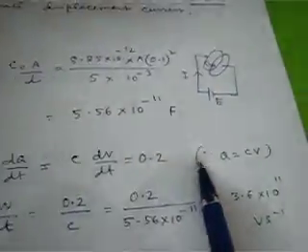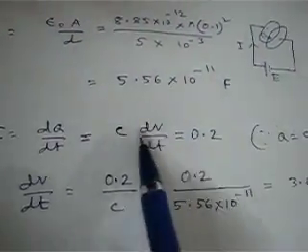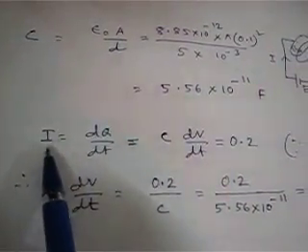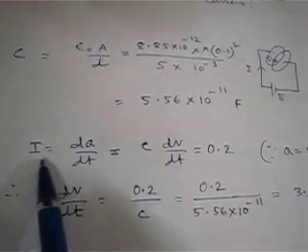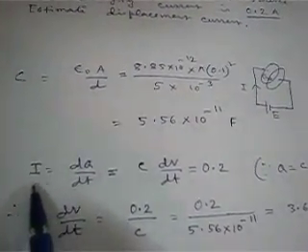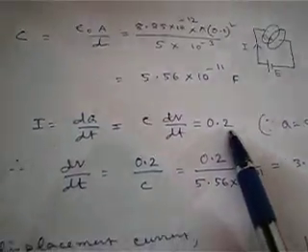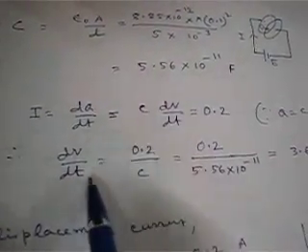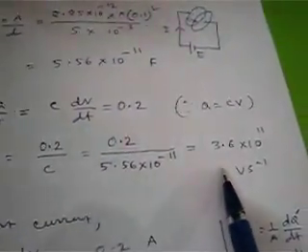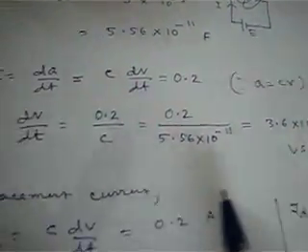Q equals C into V. You know the relation between charge, capacitance and voltage. So I equals C dV/dt. This charging current, that may be treated as conduction current, equals 0.2 ampere. So dV/dt can be calculated as 0.2 by C, that is 3.6 × 10⁹ volt per second.